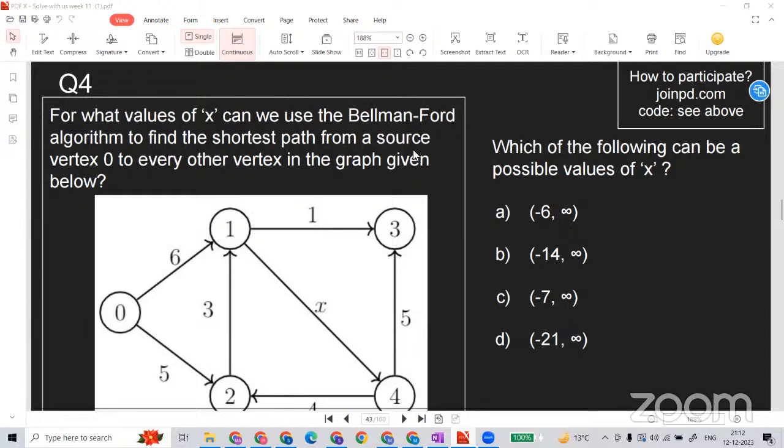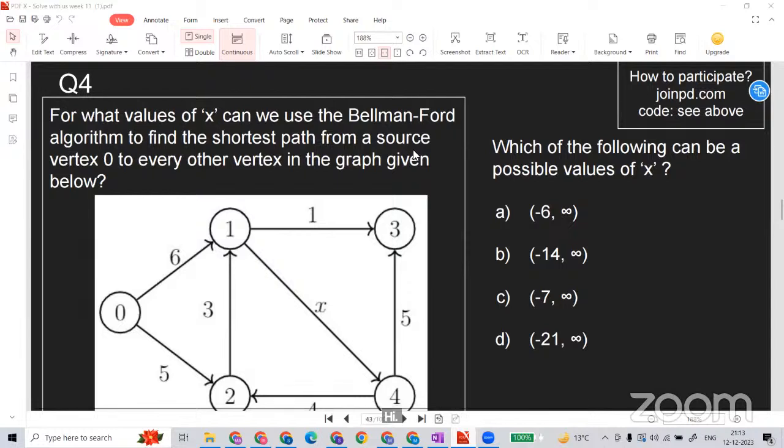It contains it, right, B and D. But it contains more than that also. Suppose the x value is -8, then what is going to be the weight of that cycle? -1.